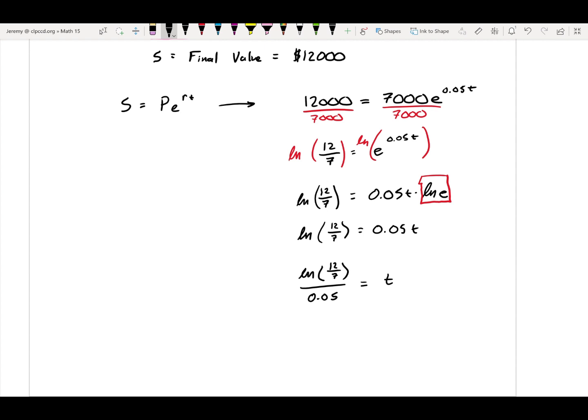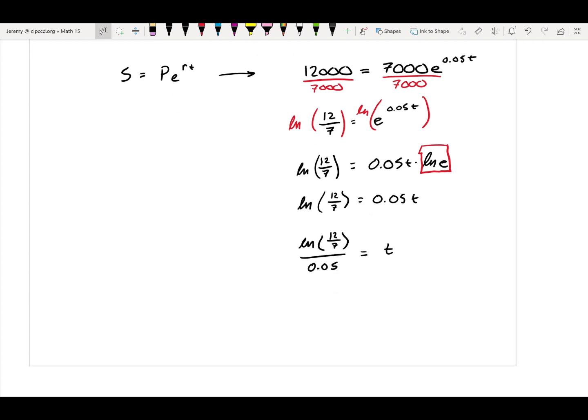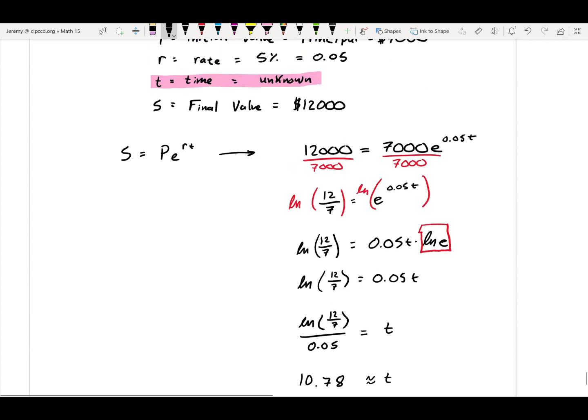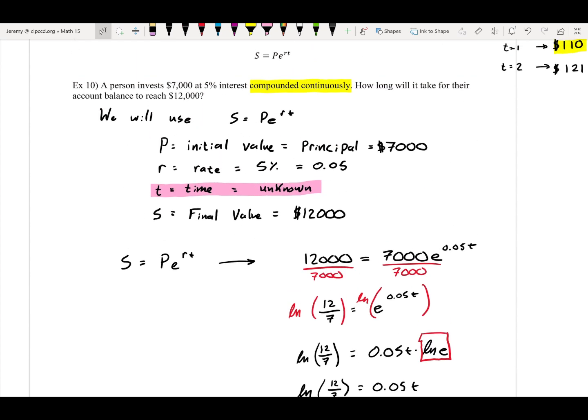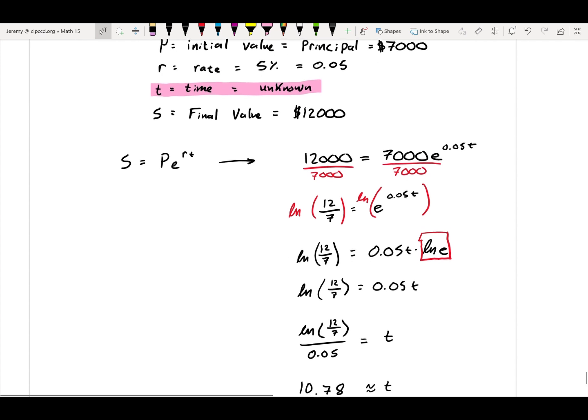Now, given the nature of this application here, I think I want to just represent this in decimal form. So I could plug this into my calculator. I did so very carefully, and I got 10.78, just rounding to the nearest hundredth there, is equal to t. Okay, and remember, t is measured in this problem in terms of years.